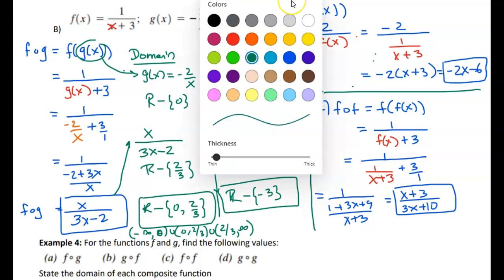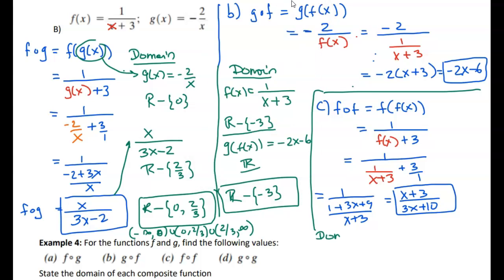All right, domain. So domains. All right, the domain of the inner function. All right, if I look at f, 1 over x plus 3, then it's the reals excluding negative 3. All right, and the domain of the result is going to be all the real numbers excluding negative 10 over 3.